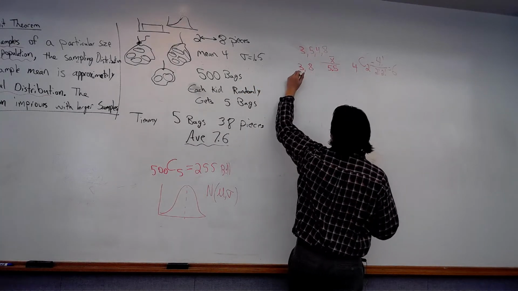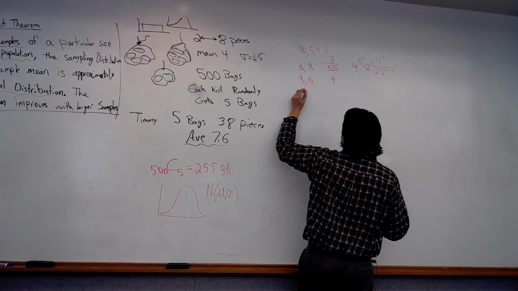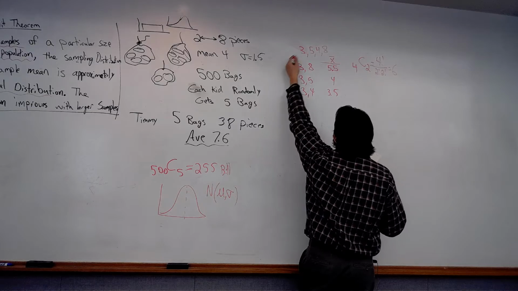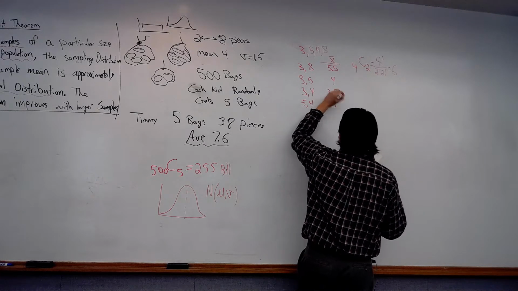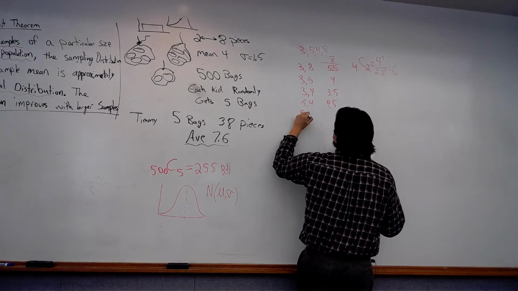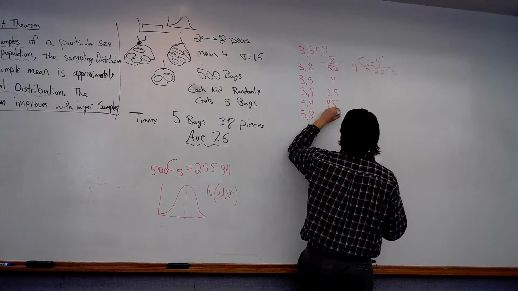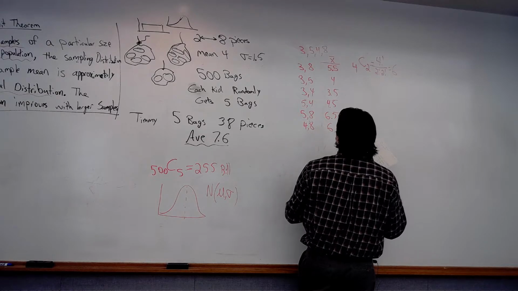So we did the first and the last. It could have been, we could have randomly chosen 3 and 5 for a mean of 4. 3 and 4 for 3.5. What are we missing? 5 and 4 for 4.5. 5 and 8 for, what is that, 6.5. And 4 and 8 for 6.